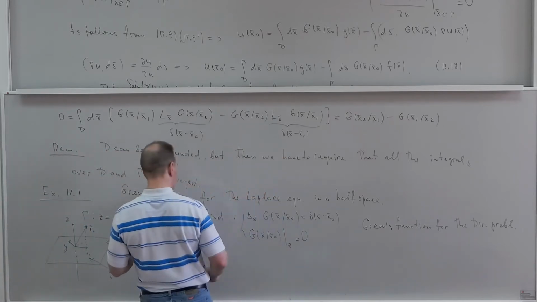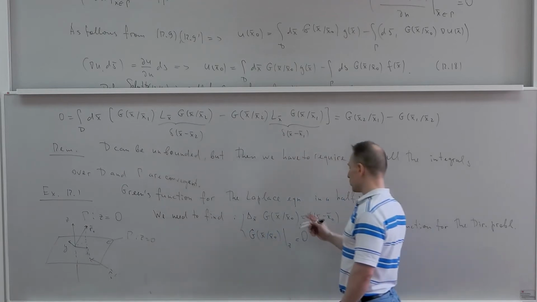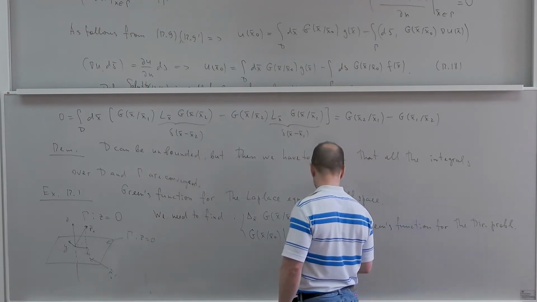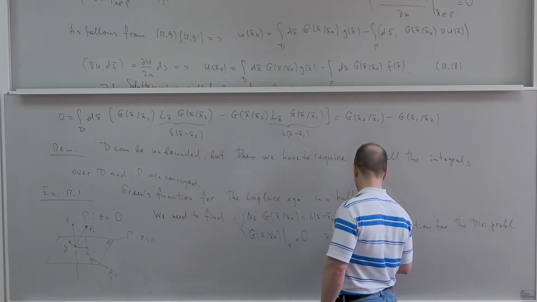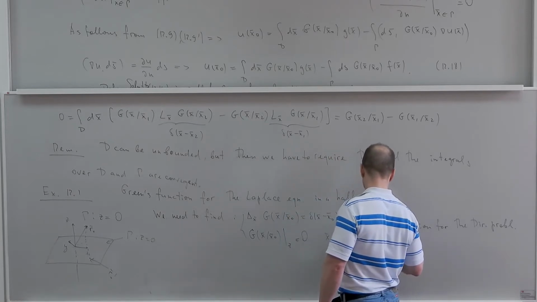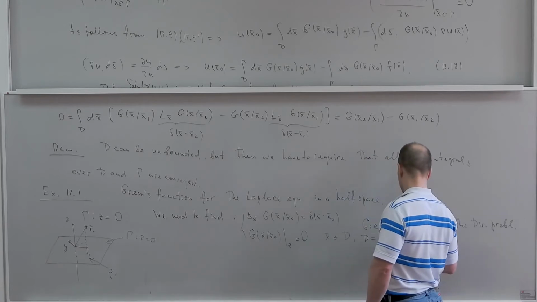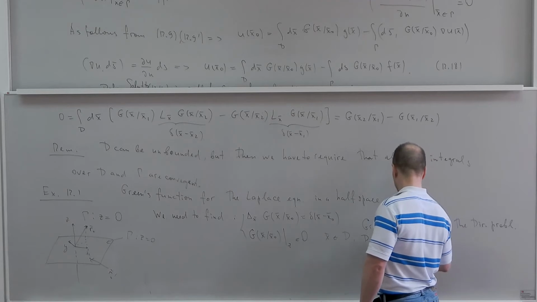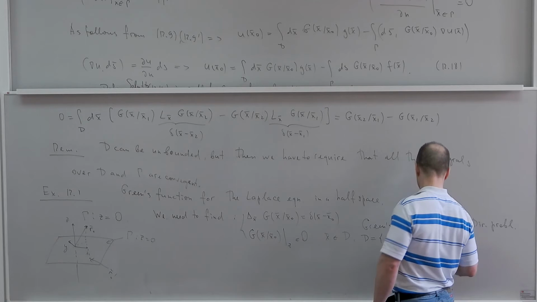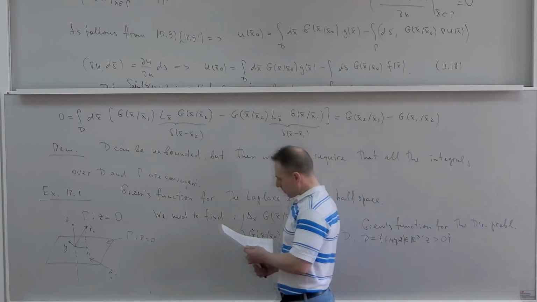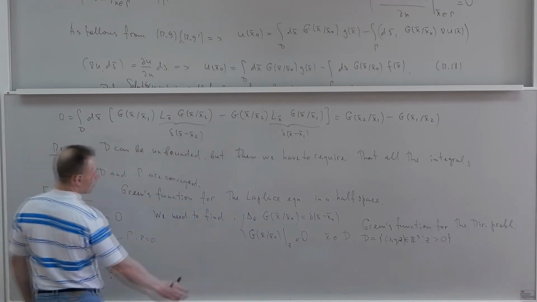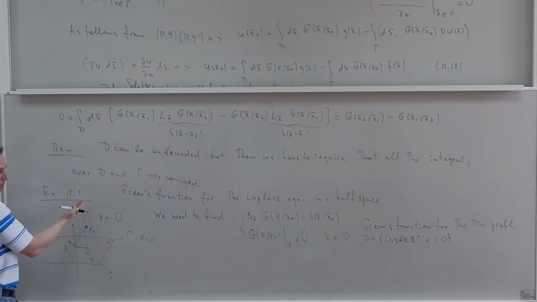And so we have to find the solution of this problem for x belonging to D, where D is the set of points of three-dimensional space where z is positive. Thus we have to find this function in the upper half space.